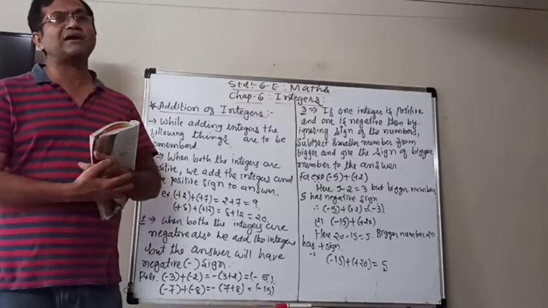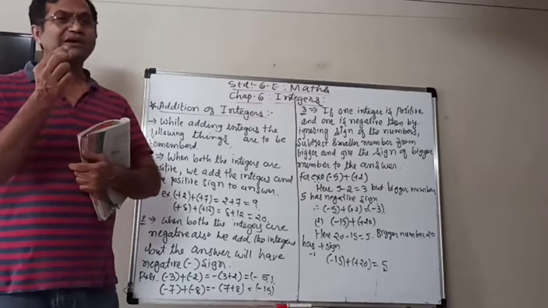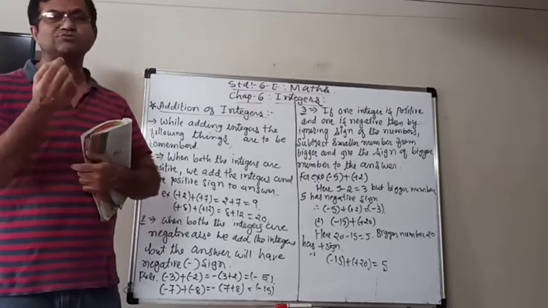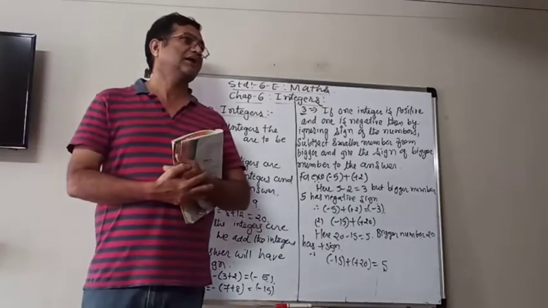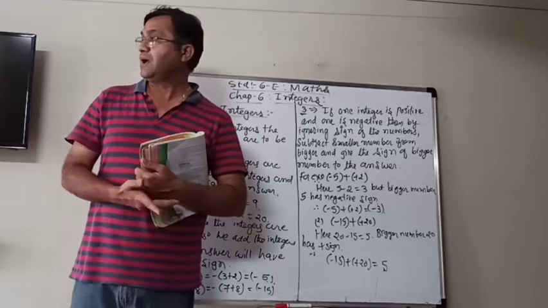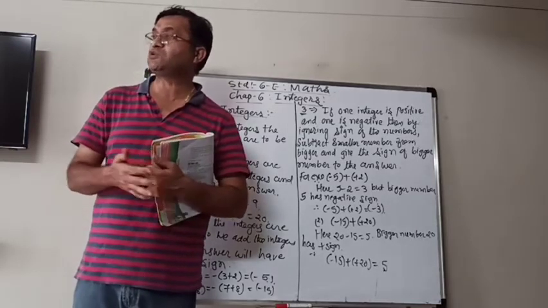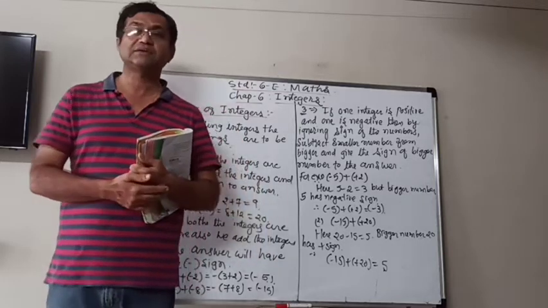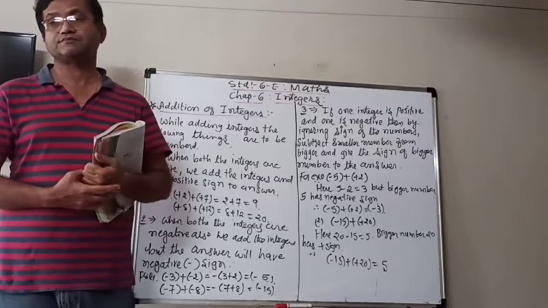So you have to be very careful, especially the mistakes look like very silly, very small mistakes, but they will give your answer totally wrong. And therefore it is very important to understand how to add the integers.